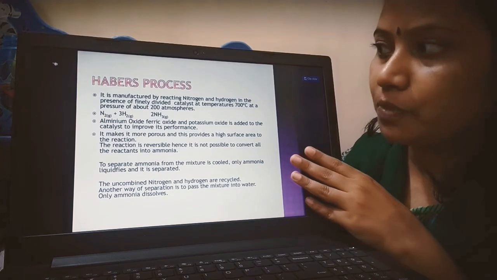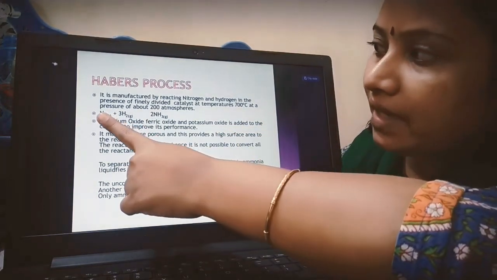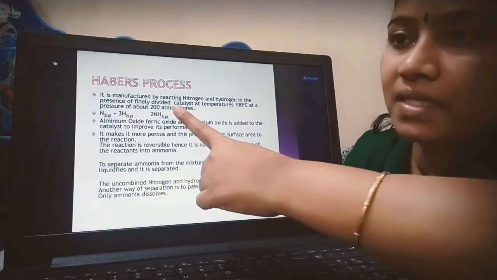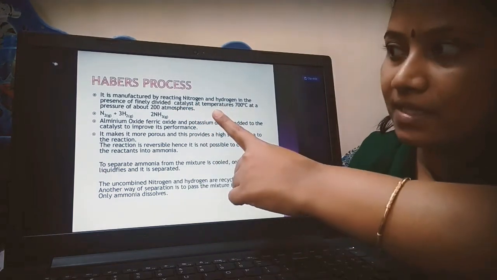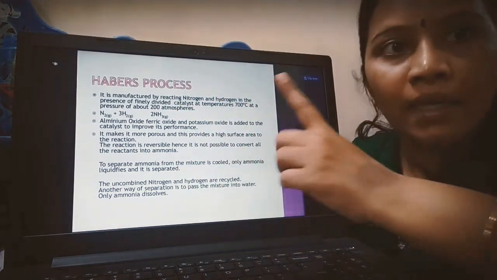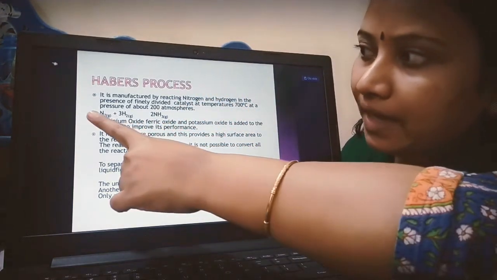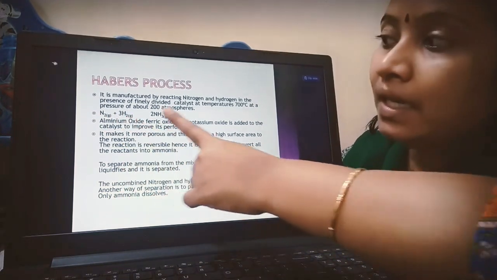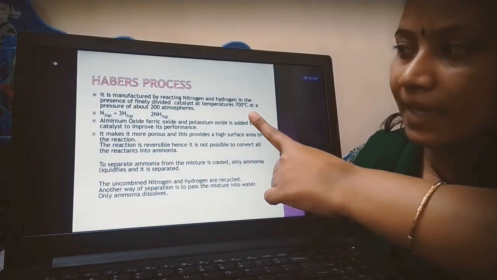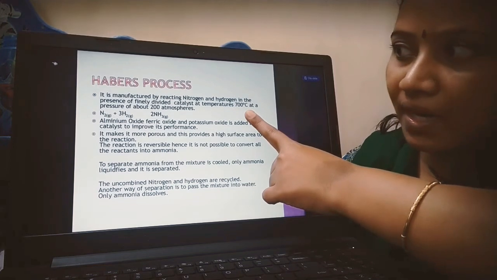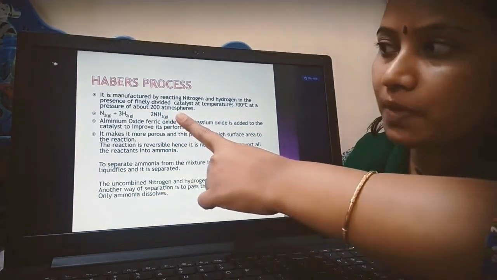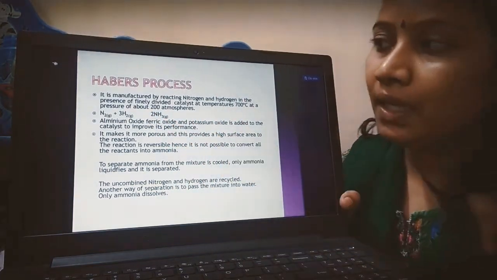What is Haber's process? You have to treat nitrogen and hydrogen in the presence of a finely divided catalyst. Now what is this catalyst, children? I told you I am going to react nitrogen and hydrogen in the presence of a finely divided catalyst. What is the temperature? It is 700 degrees. And what is the required atmospheric pressure? It is 200 atmospheric pressure.